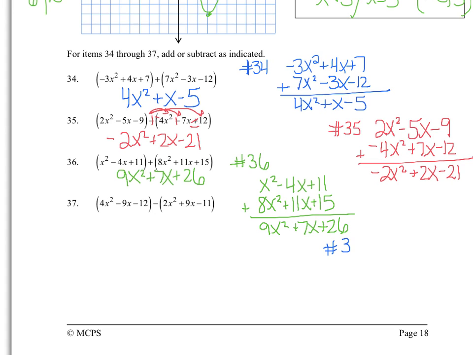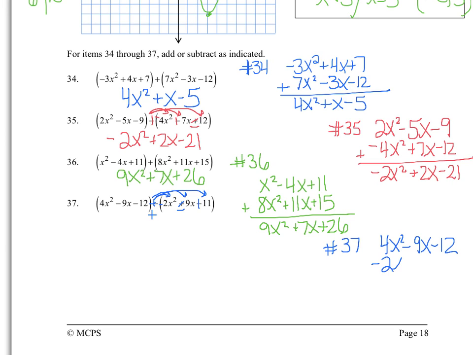Finally, number 37, we're going to be doing 4x squared minus 9x minus 12 minus 2x squared plus 9x minus 11. Again, I'm going to recommend that you distribute the negative to all of your terms and instead make this a plus negative 2x squared minus 9x plus 11.